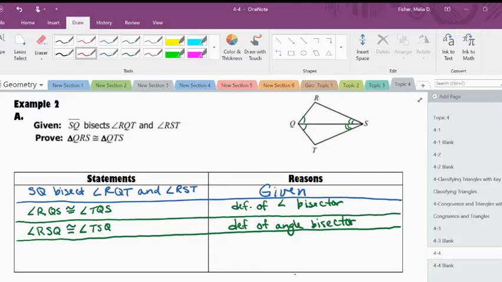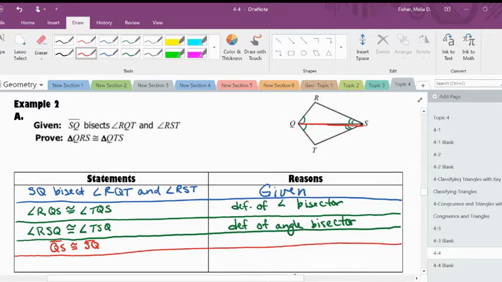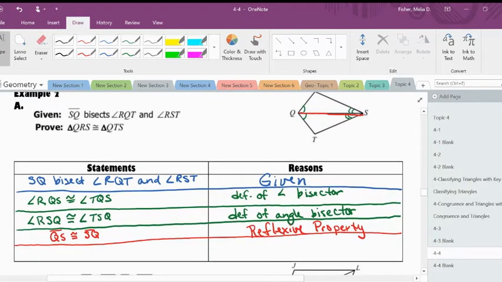The next thing we know is that QS is going to be congruent to SQ. And the reason for that is the reflexive property. Now we have enough information to prove that our triangles are congruent.